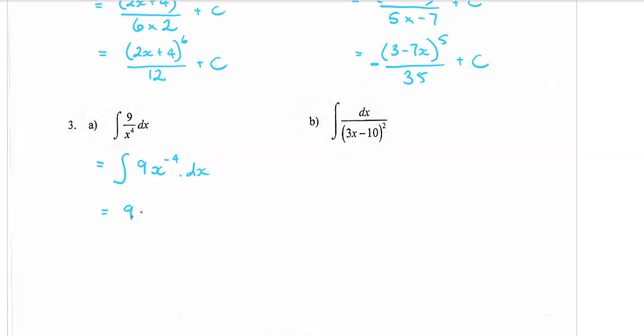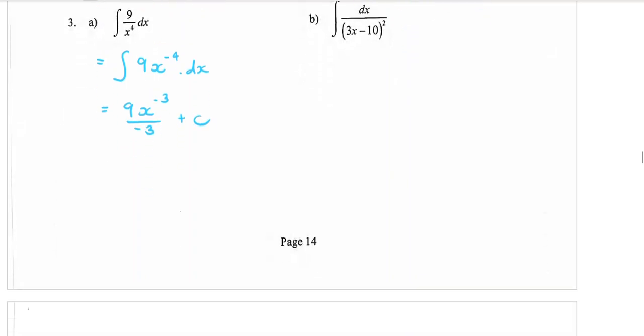So keep the 9, add 1 to the power makes, very good, -3 over -3 plus c. 9 divided by -3 makes -3. Your answer should be in the same form as the question. So instead of putting x to the -3 here, I'm going to move that back to the bottom. So x cubed over 3 on my denominator plus my c. Good job, Grace.